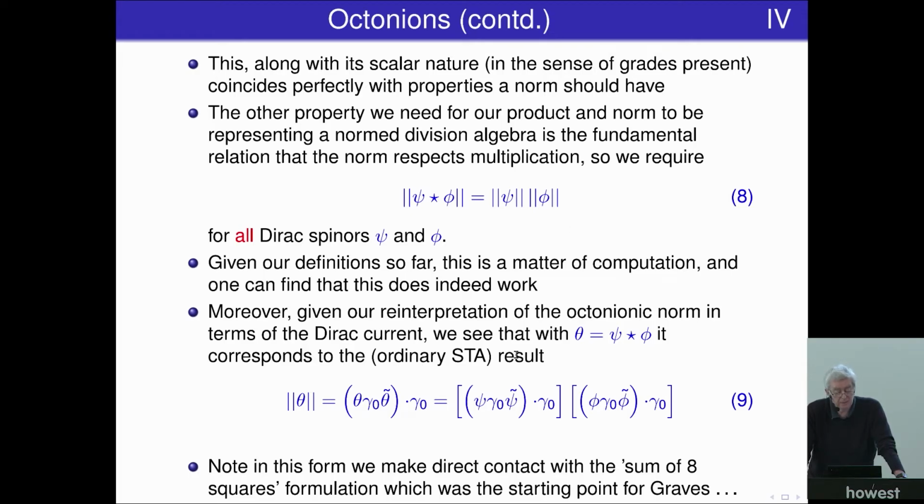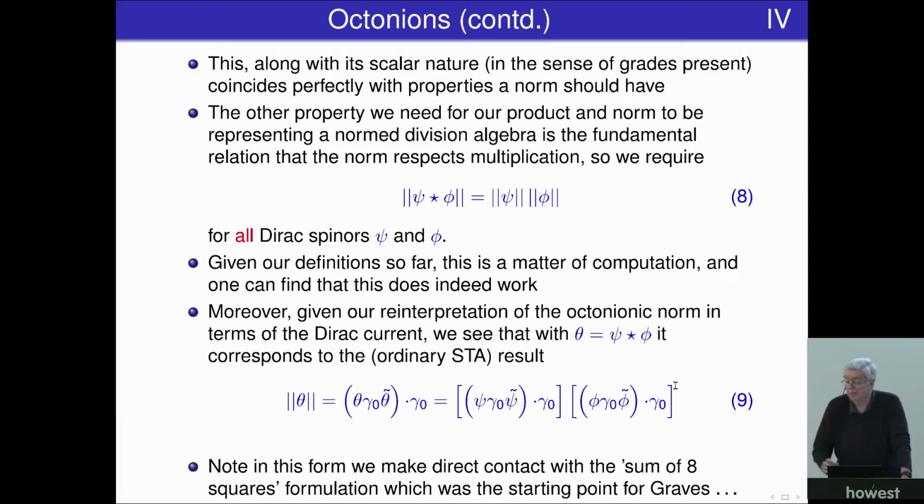And given our reinterpretation of the octonionic norm in terms of Dirac current, you can see with theta as being the product, it corresponds to this ordinary STA result that theta gamma naught theta reverse dot gamma naught is the product of these individual Dirac currents, time-like components just there.